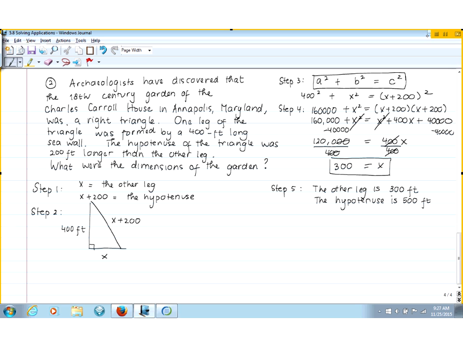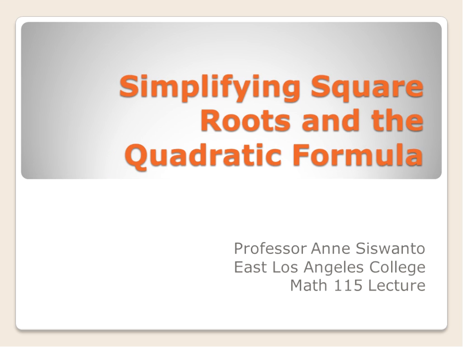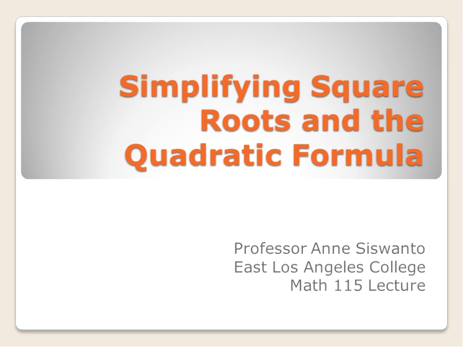Let me close the sharing. And we will start. We're done with solving applications, which is 5.8. And this is the supplement for chapter 5, simplifying square roots and the quadratic formula.